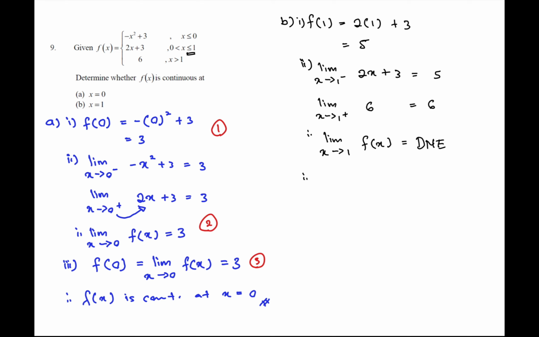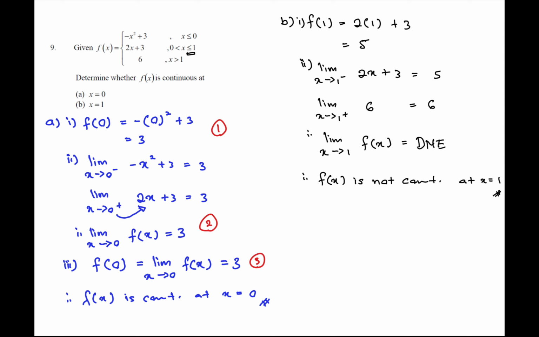So automatically we can conclude that f(x) is not continuous at x equal to 1. Okay, so this is the answer for question 9b.